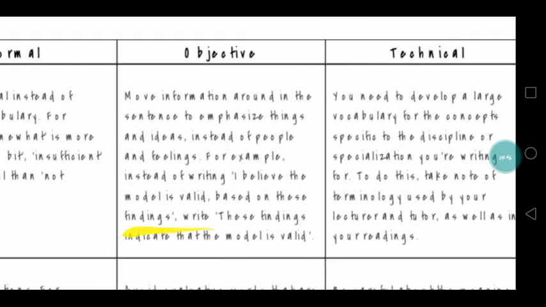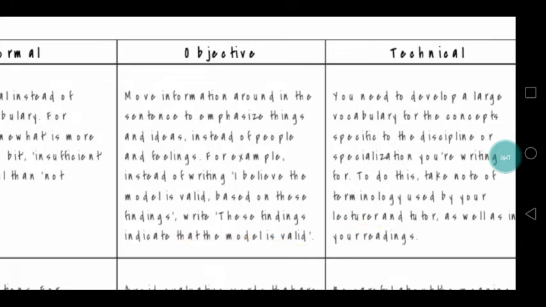For objective, move information around in the sentence to emphasize things and ideas instead of people and feelings. For example, instead of writing, I believe the model is valid, based on these findings, write this: these findings indicate that the model is valid.